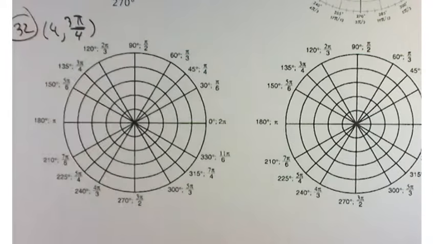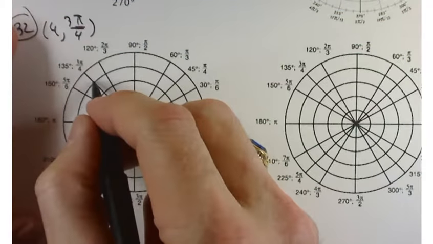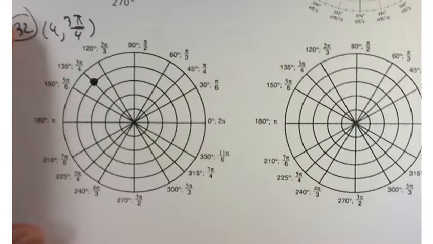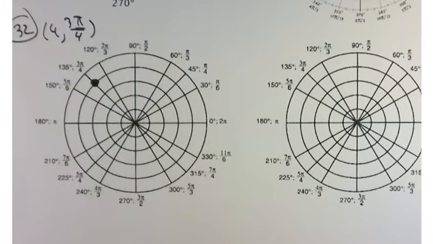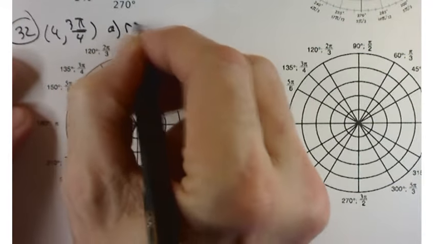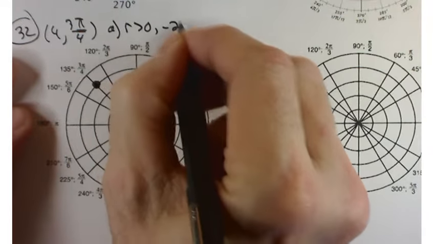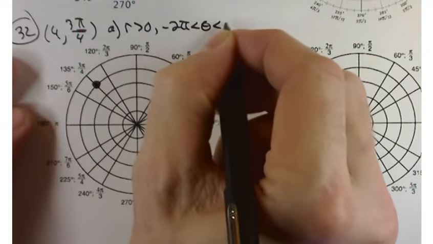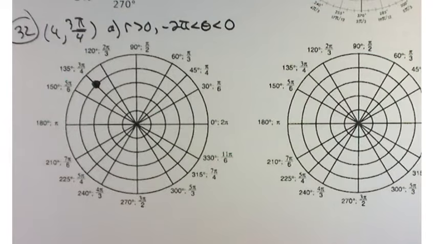Why don't you find it first and then see if it matches what I've got. You should get a point that's in the second quadrant.